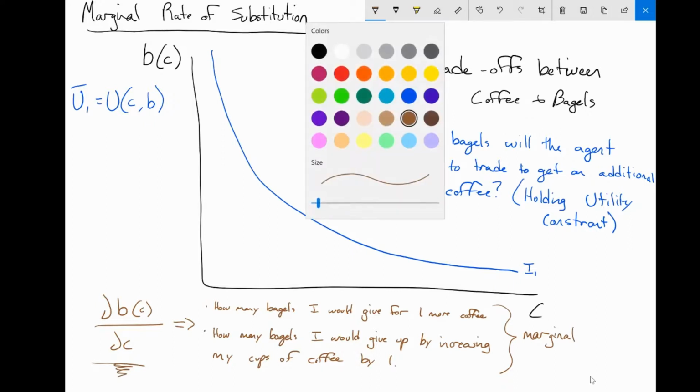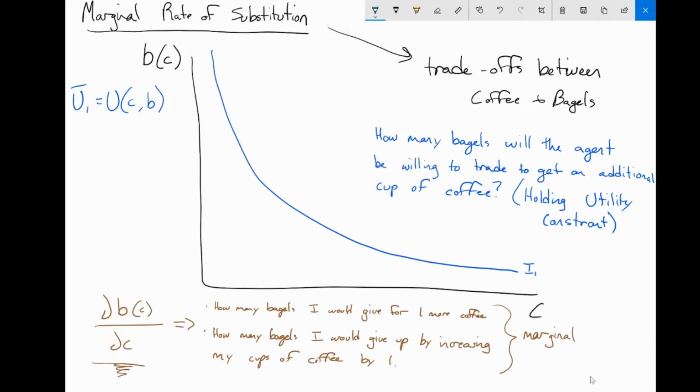Just as a side note, in case this hasn't been perfectly clear, whenever we talk about margins, on the margin, that usually is going to imply that there's going to be a derivative somewhere. Because the derivative is the marginal change in the function f given a marginal change in the variable x.